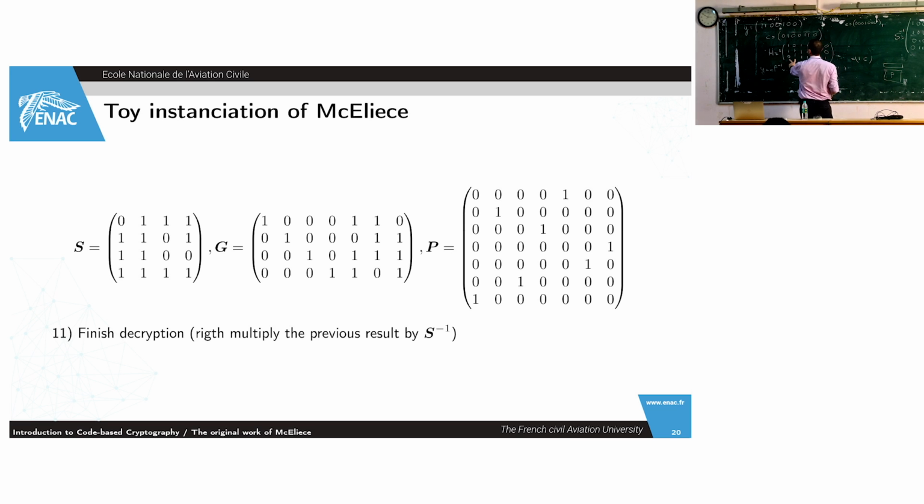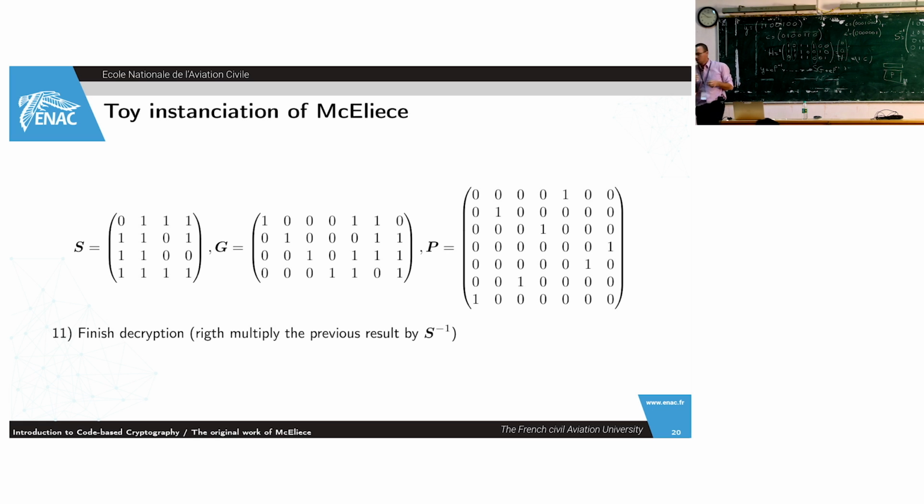So we have the first two columns plus this one, which gives us 0, 0, 1. Okay? So the error is in the last position. So we have that E prime equals 0, 0, 0, 0, 0, 0, 1. And hopefully, E prime is equal to E P minus 1.